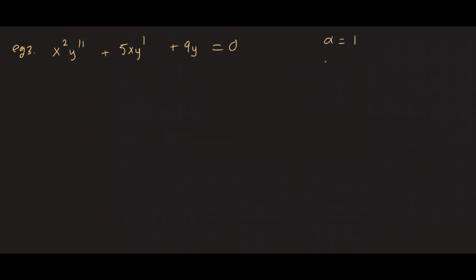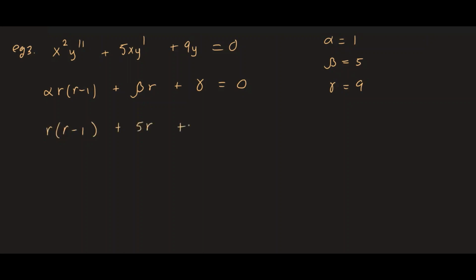So alpha is 1, beta is 5, and gamma is 9. So we have alpha r times (r minus 1) plus beta r plus gamma is equal to 0. So our alpha is 1, so we have r times (r minus 1). Beta is plus 5r, and plus 9 equals 0.